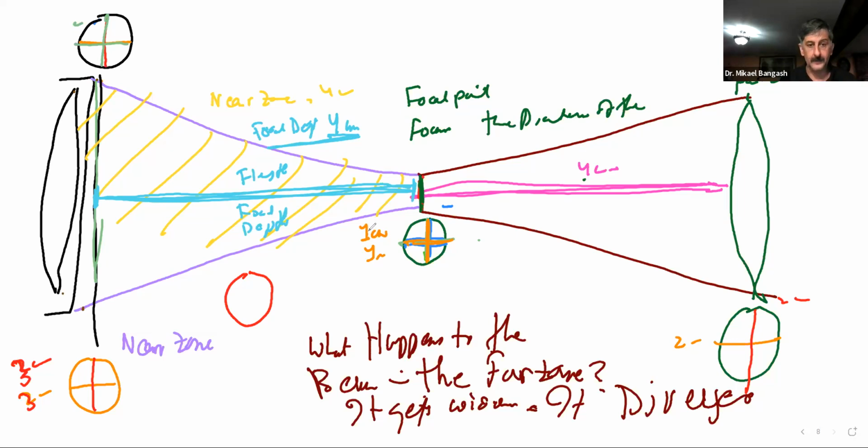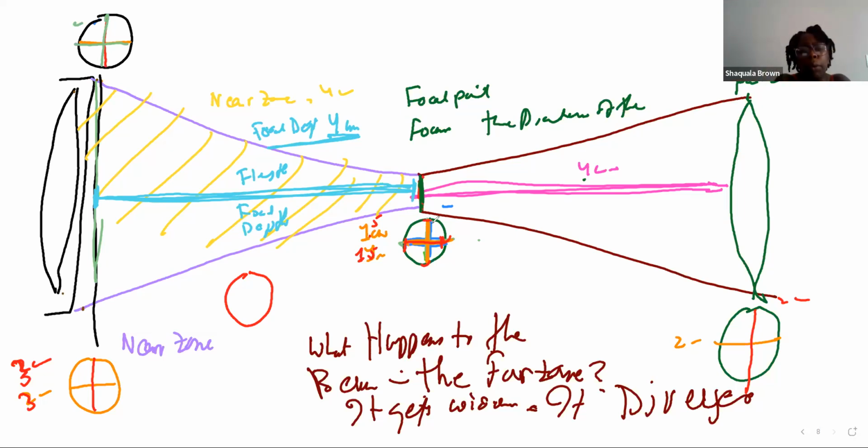Then the size of the beam at the focus is just going to be half of 3, which is 1.5, which means the beam would be 1.5 centimeters wide and 1.5 centimeters tall. Did that make sense?